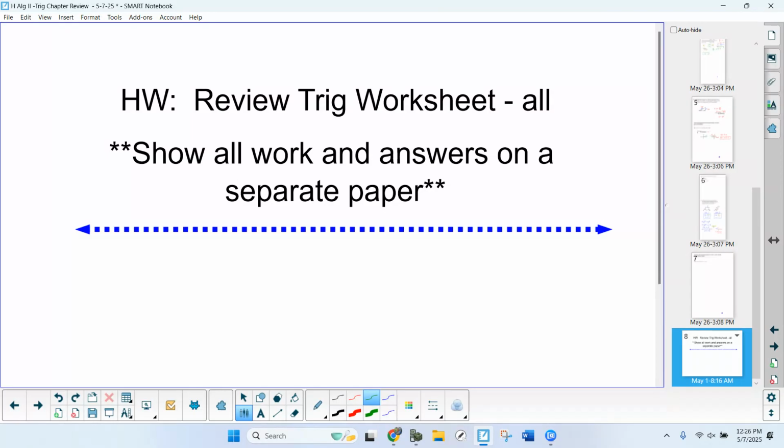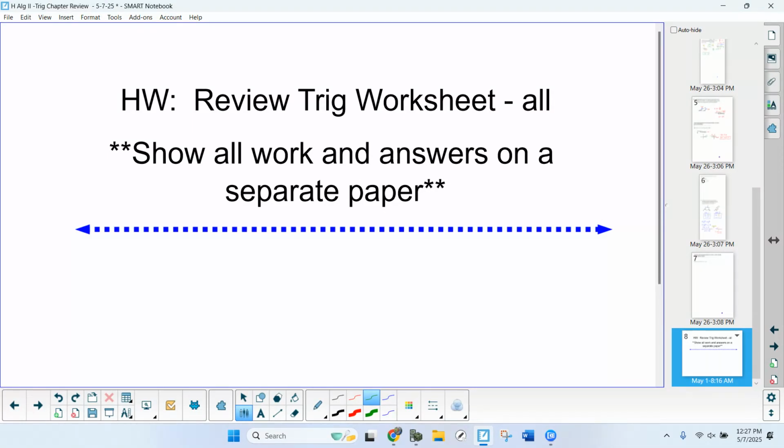Okay, number 1, special right triangles. Number 2, when I just ask you for the sine of 150 or the tangent at 330 or the cosine at 2 pi over 3, what am I asking you for? Sine, is that the x or the y? I'm asking you for the y coordinate at 150.